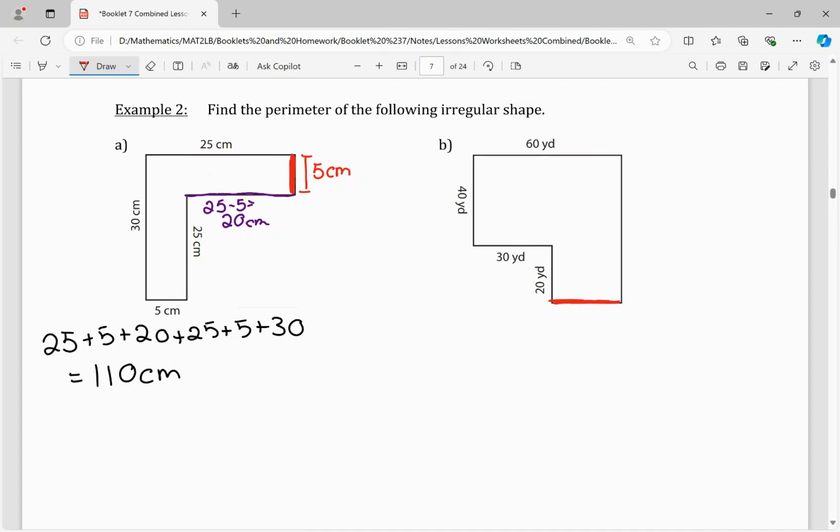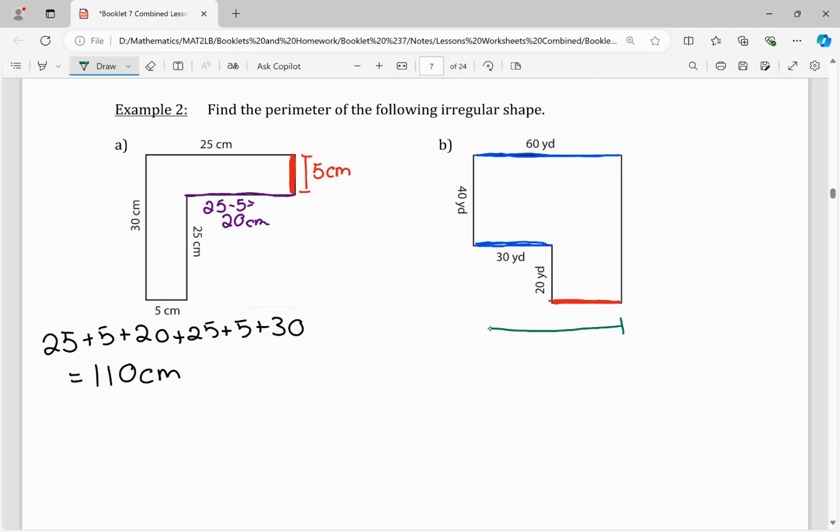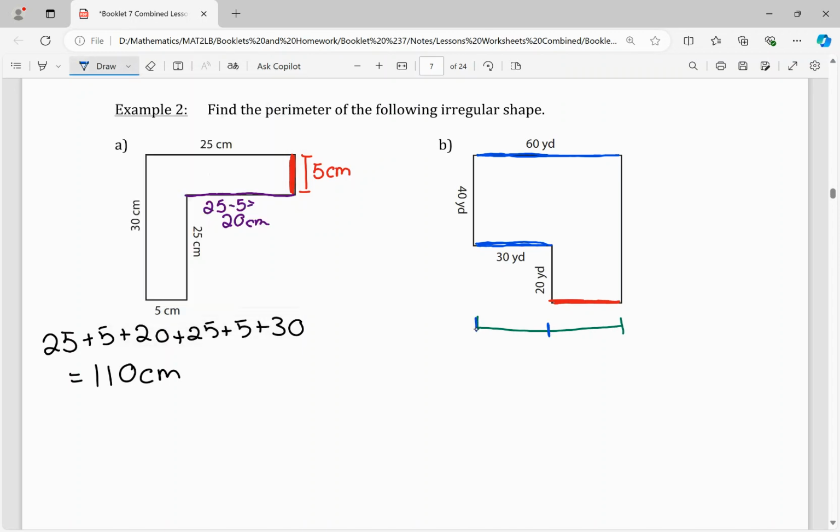Like example A, we can use subtraction to find this red length. We can use subtraction with the two sides that are running in the same direction, that are parallel. I'm going to take the long blue side, which is 60 yards. That runs the entire length of the shape, except I'm going to cut out what I don't want.